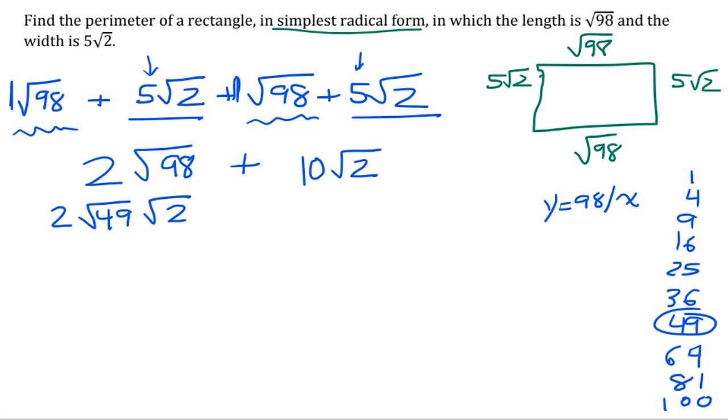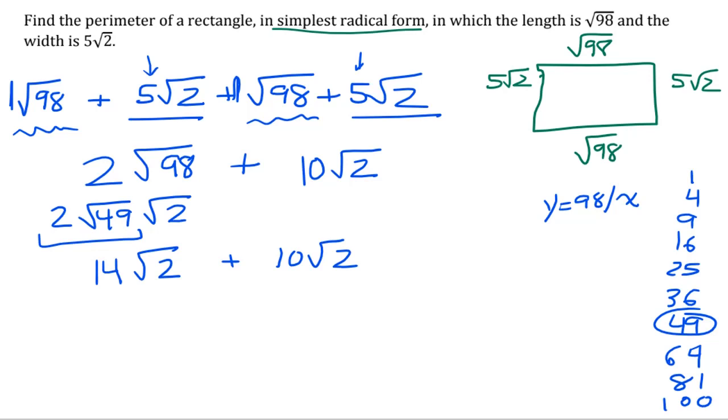Again, I put the perfect square in the front because now I can put this whole front piece in my calculator, 2 times the square root of 49, and I get 14. I'm going to rewrite the radical 2 right now, and now I'm going to rewrite the rest of this problem, plus 10 radical 2. Hey!